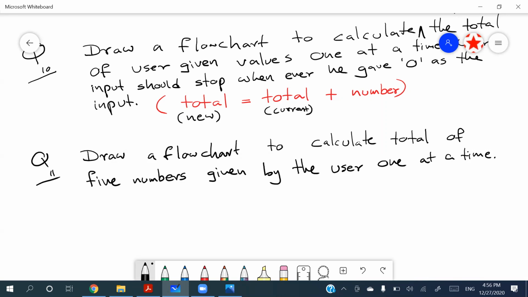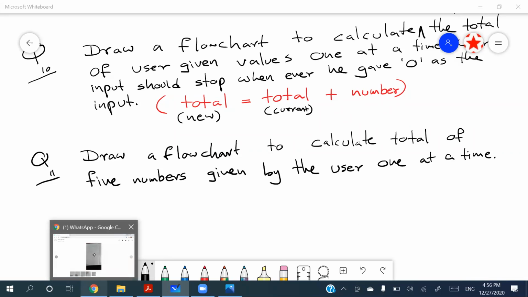Right. So people just write down the 11th question and I'm going to tell you what a dry run means. I'm going to take Minul's question to do the dry run.